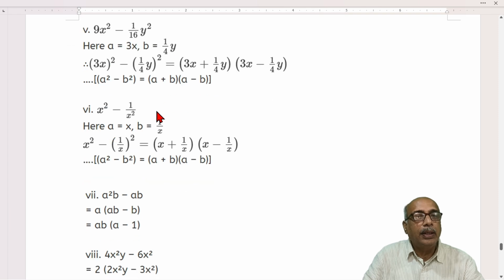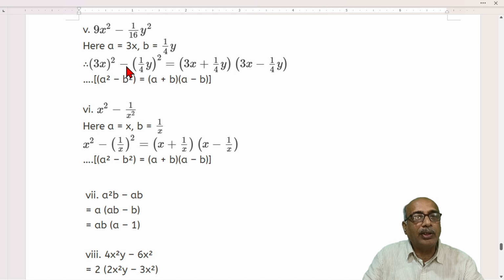Next, 9x square minus 1 by 16y square. Here a equals 3x, because 3x whole square is 9x square, and b is 1 by 4y whole square. Got it clear? So the value of b will be 1 by 4y.